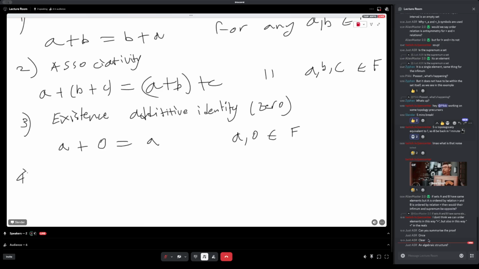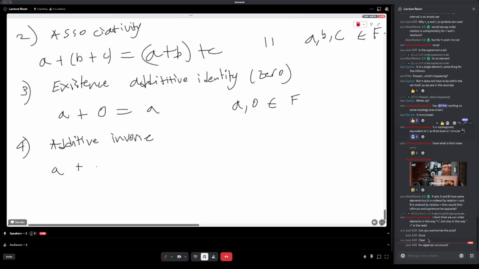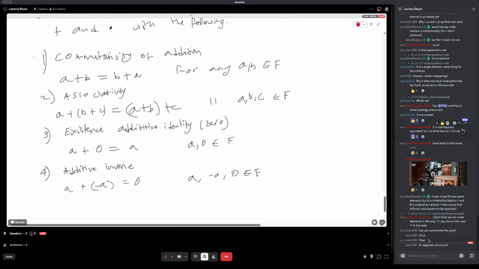And then you have the additive inverse. It's denoted with negative a. You put the minus sign and then write it like this. This will give you the additive identity. So applying the additive inverse gives you the additive identity. So there needs to be some additive inverse in this field. So these are the addition axioms.